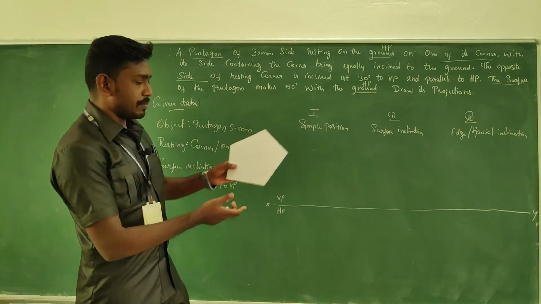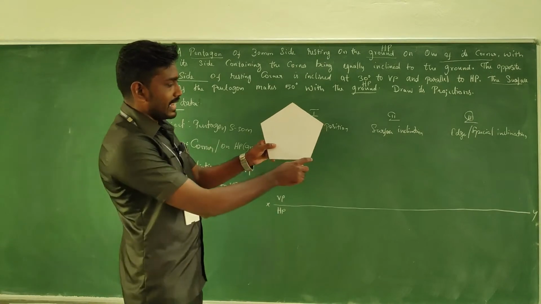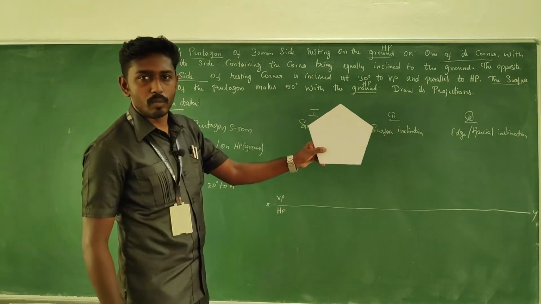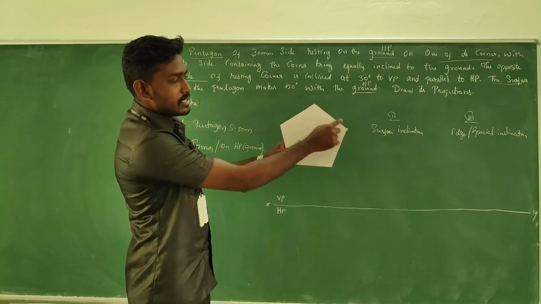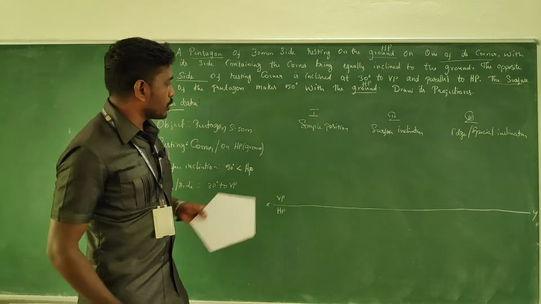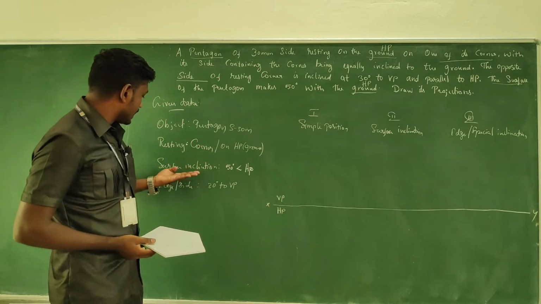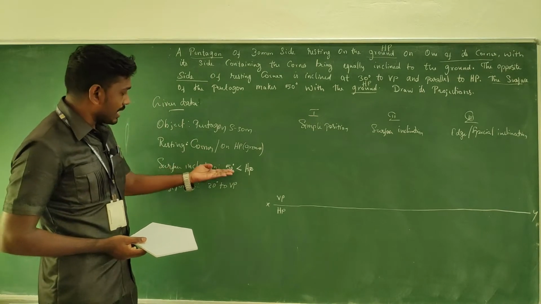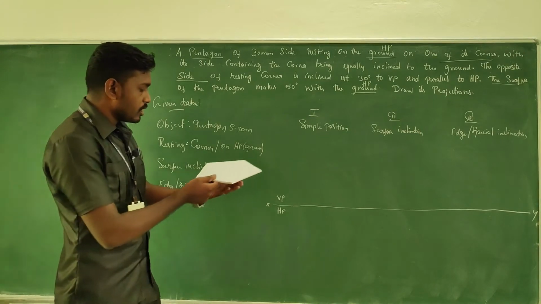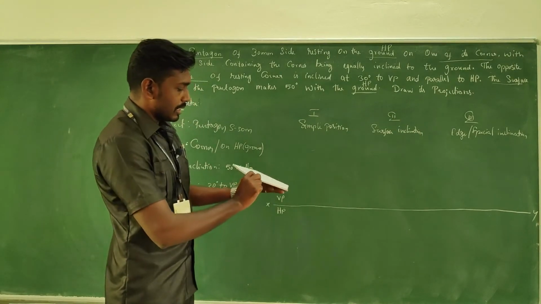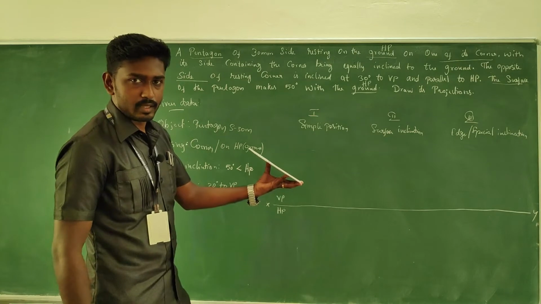So the object is a pentagon. That means it has 5 sides. So this is the object and these are the corners. In order to place the object, we have to see the surface. The surface is making an angle with HP. I can keep the object something like this.